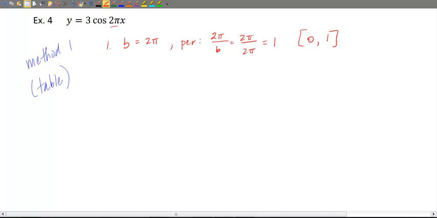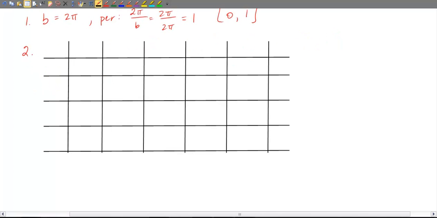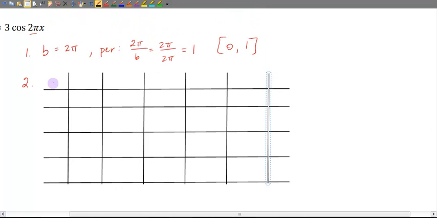The next thing that I want to do is make up the table based on this interval being broken up into fours. So we end up with 5 values. We're going to come over here and draw a table. I drew a table right here, and I'm going to fill this in by putting my interval values up here.